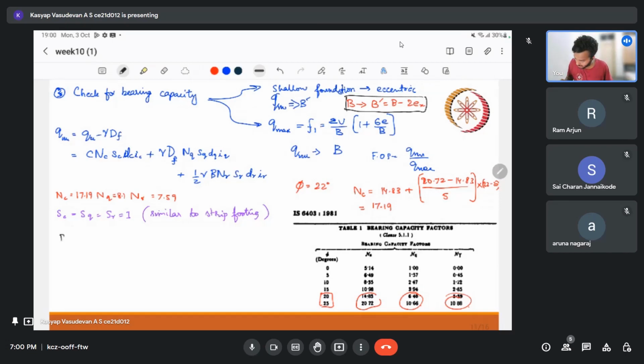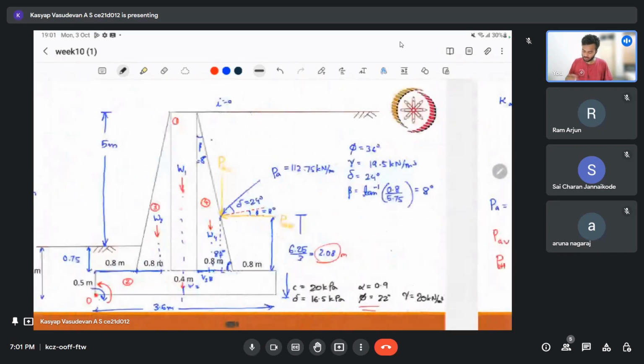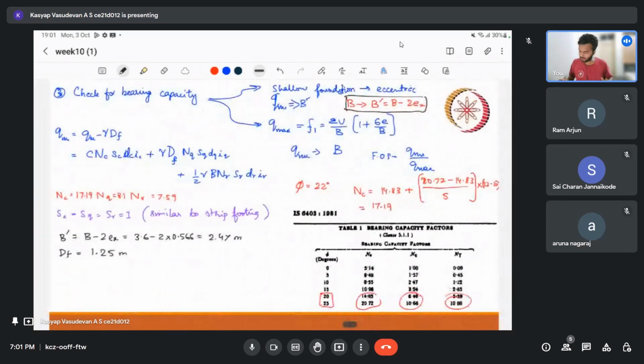Our updated breadth is B minus 2 times eccentricity, that is 3.6 minus 2 into 0.566, which is 2.47 meters. Our depth of foundation is 0.75 plus 0.5, so 1.25.